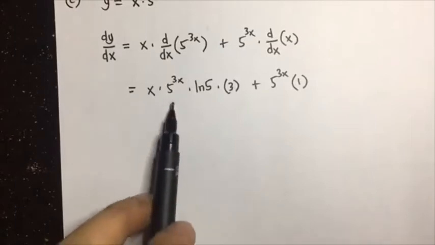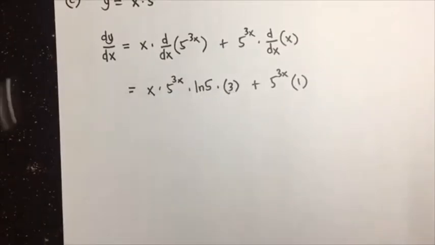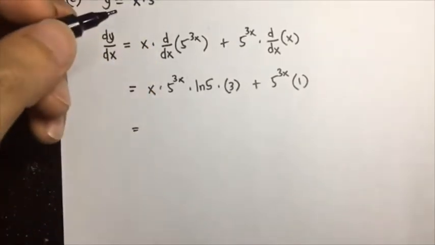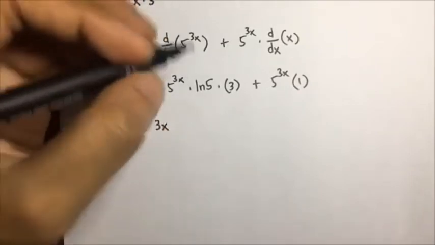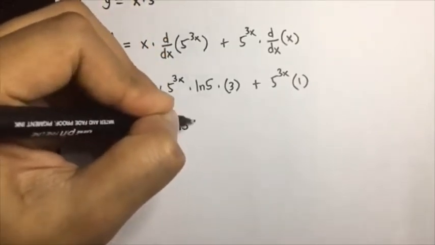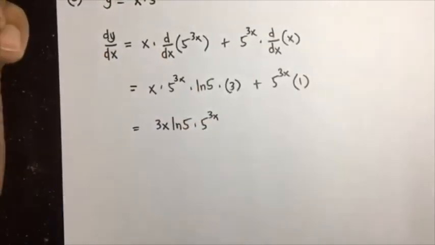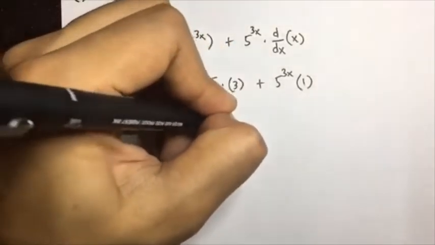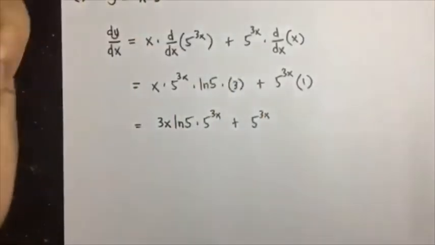Therefore we can rewrite this now. 3 times x times ln of 5, so that is 3x ln of 5 times 5 raised to 3x, plus 5 raised to 3x.